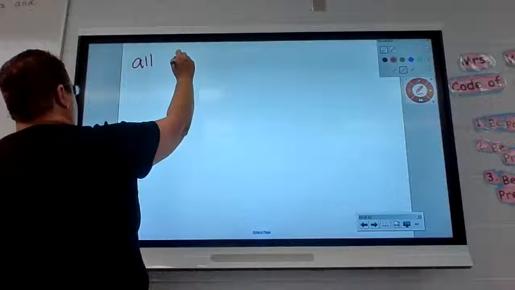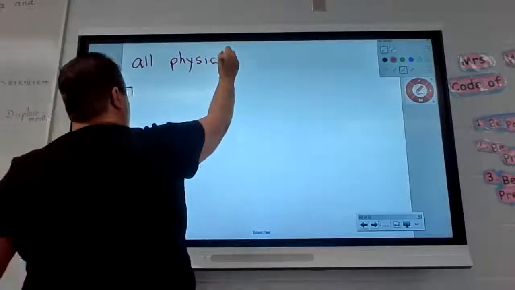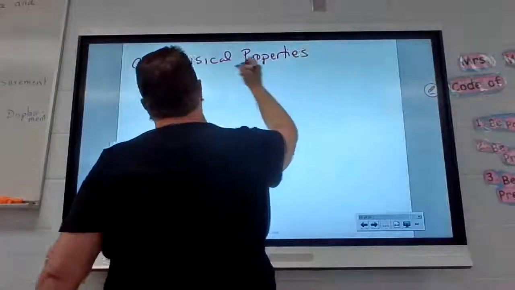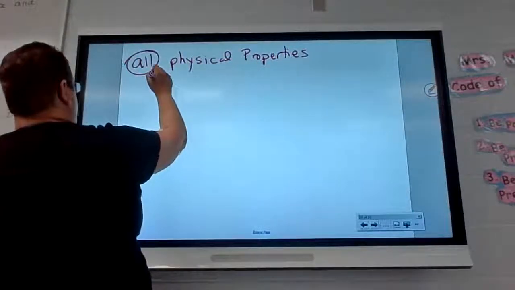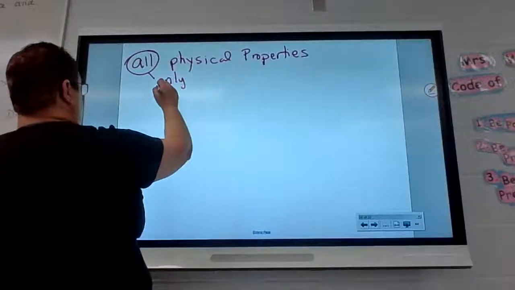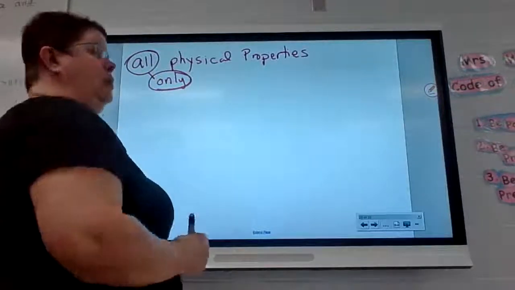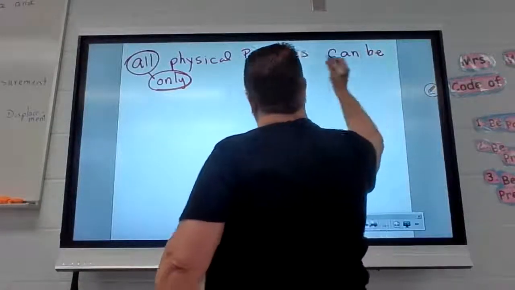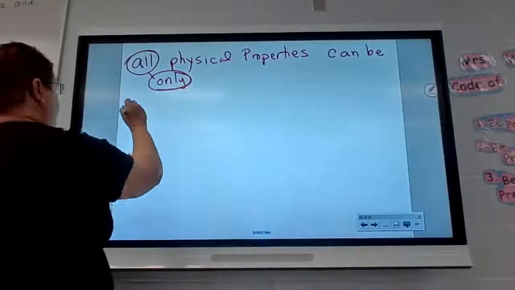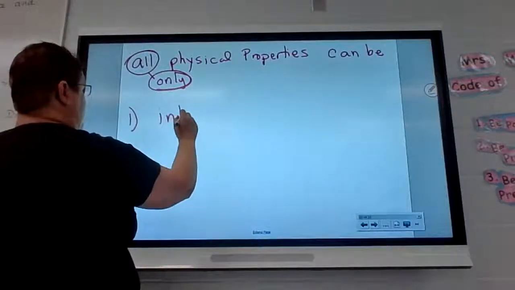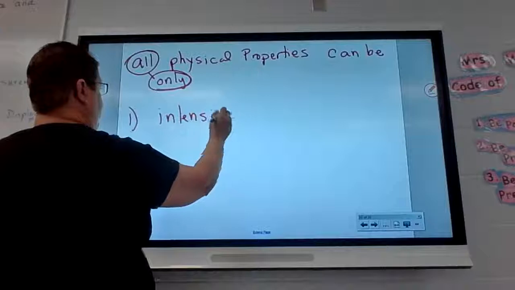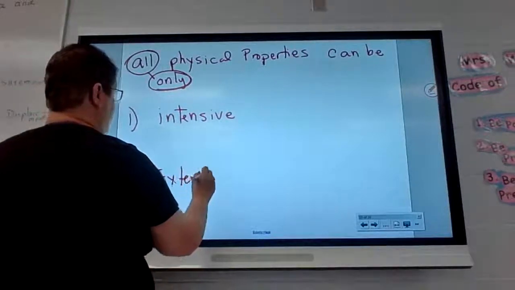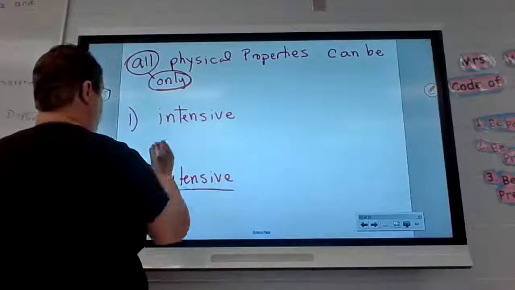All physical properties, and I'm even going to say only right here, only physical properties can be intensive or extensive, which is why I was trying to create a list.